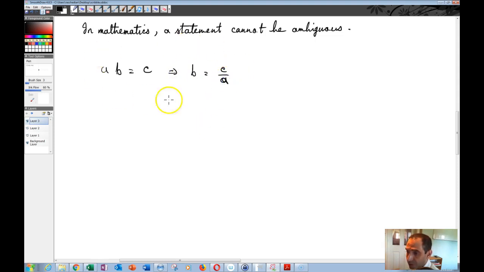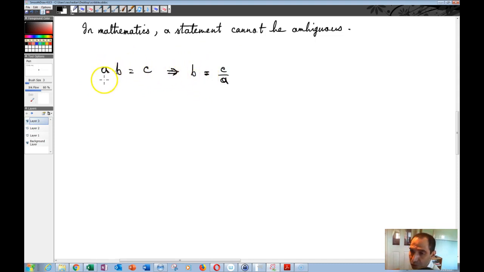Actually, what I need to do is specify what sets of numbers these three numbers belong to.